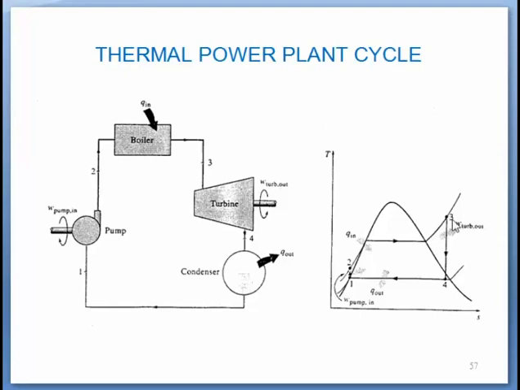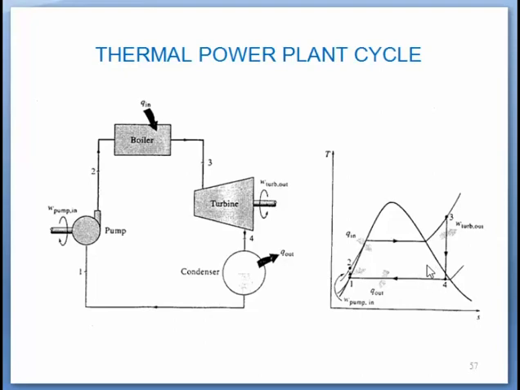This superheated steam further expands in a turbine. We are assuming here that this expansion process is isentropic. Finally, this expansion in the turbine ends in the wet zone.